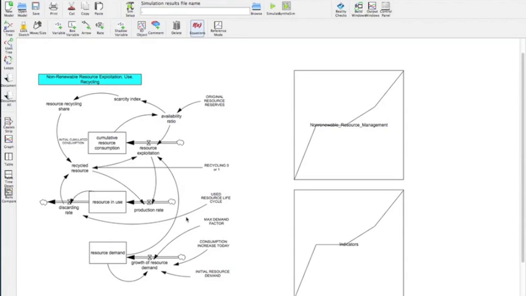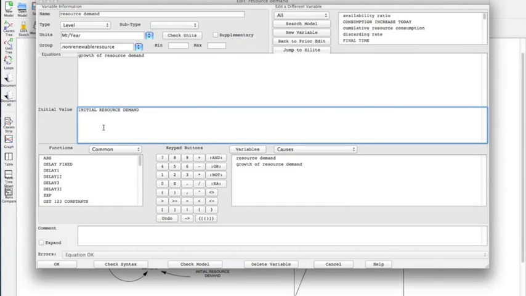So that takes care of the second stock, and then the last stock is the actual resource demand, and the resource demand is fed by a growth in the resource demand, and there's an initial resource demand.